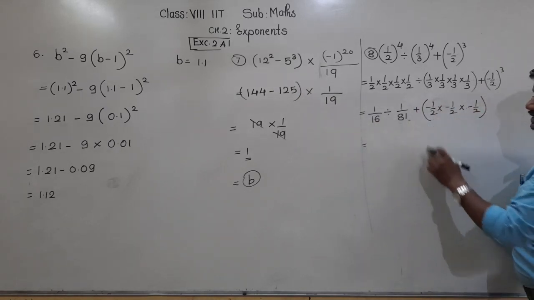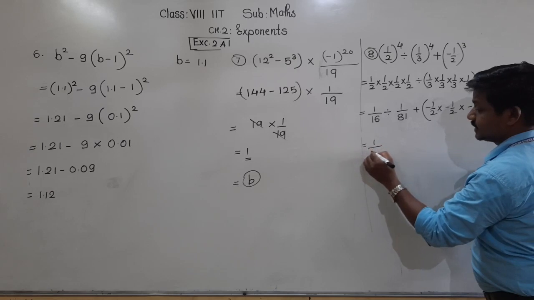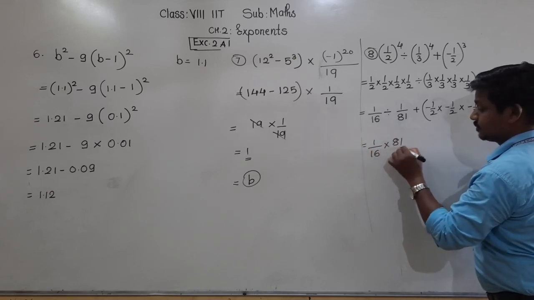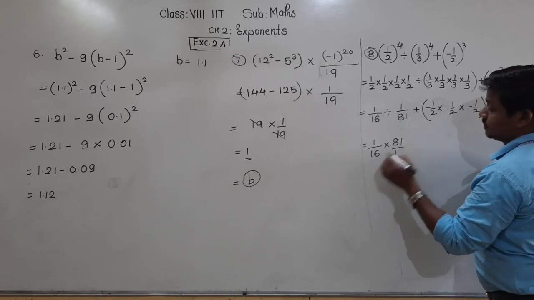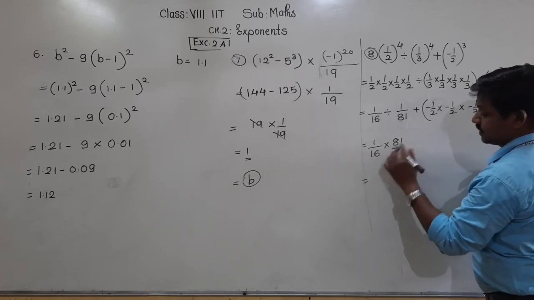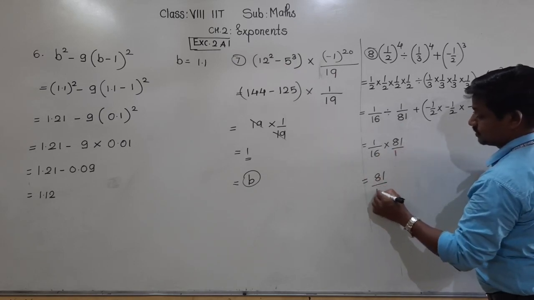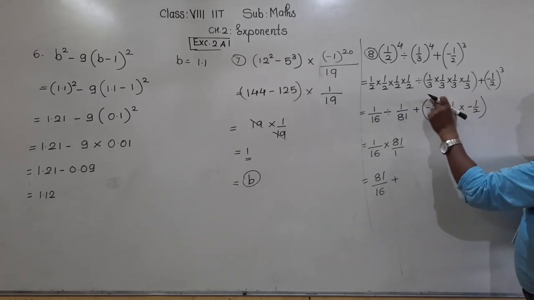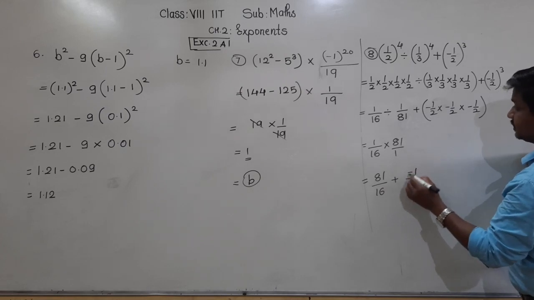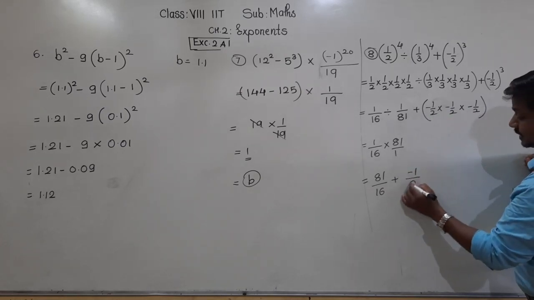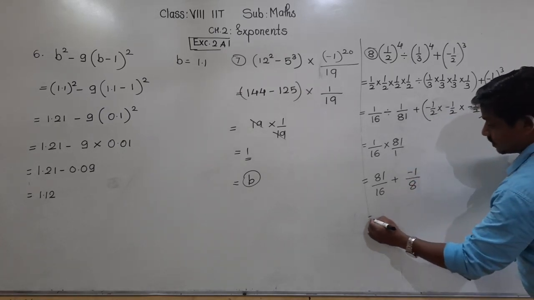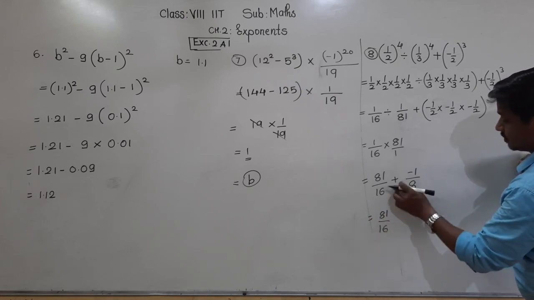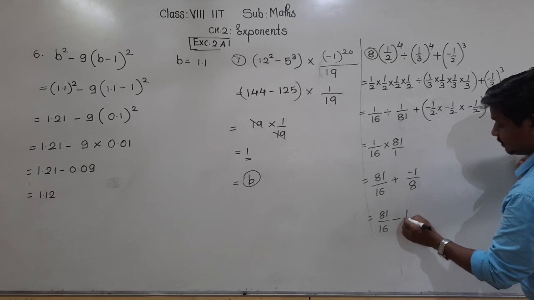So first let us divide this. 1 upon 16. Division means what? Multiply by the reciprocal. That's why 81 upon 1, which is 81 upon 16. Plus here minus 1 into minus 1 into minus 1, minus 1, 2 twos are 4, twos are 8. So 81 upon 16 plus minus 1 upon 8.